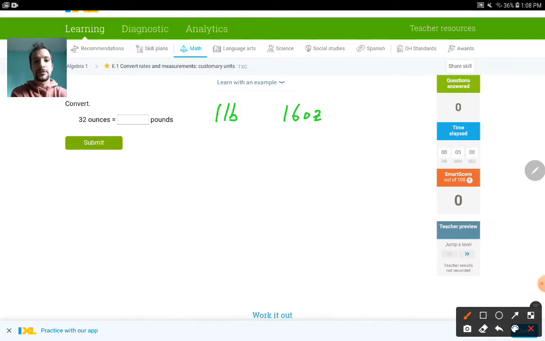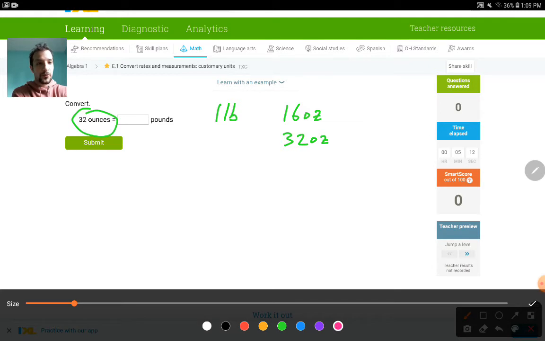I have my ounces on the right side, so I will take this 32 ounces and then put it over here underneath that 16. Now I have my ounces together. I need to put question mark pound on the other side. You can either put LB or pounds, doesn't matter.